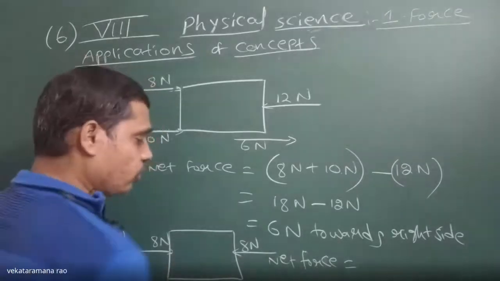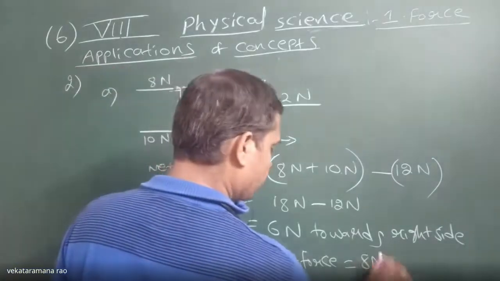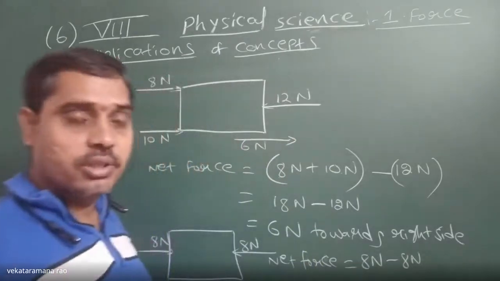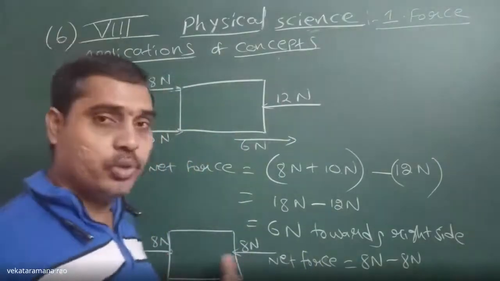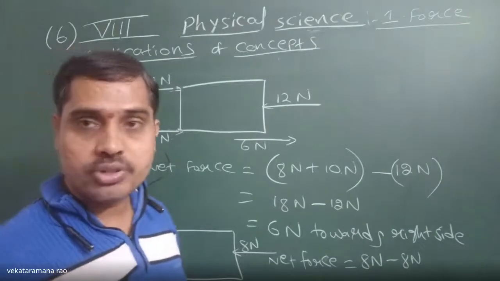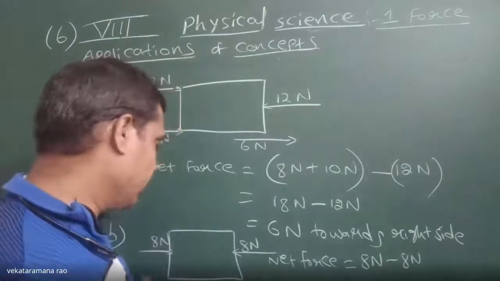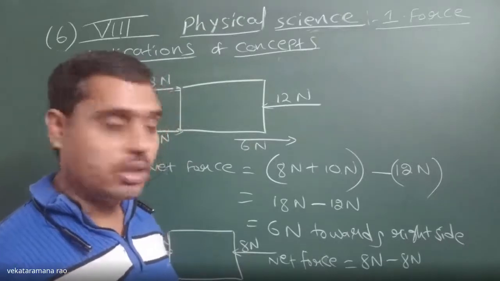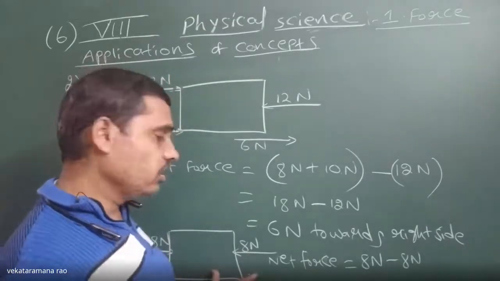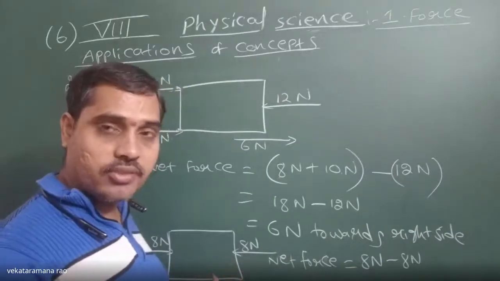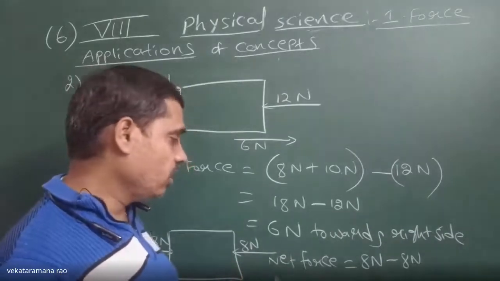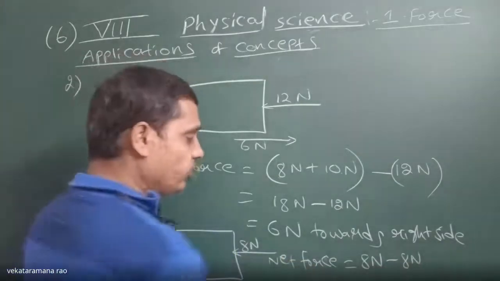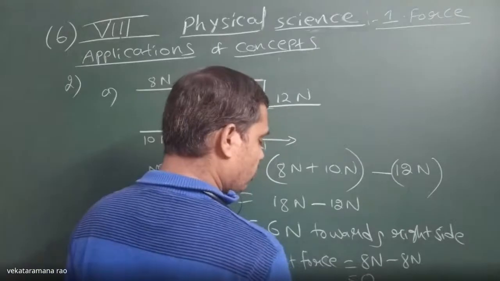How? Net force is equal to 8 newtons minus 8 newtons. Why are we subtracting here? Because both forces are acting opposite in direction with the same magnitude, so the net force is the difference between the two forces. 8 newtons minus 8 newtons is 0 newtons.